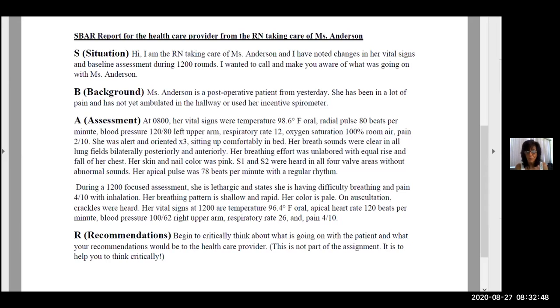The second most important thing is deep breathing. Use of an incentive spirometer, or smell the roses and blow out the candles, which is deep breathing with pursed lip expiration. And that's to prevent another complication of post-op, which is pneumonia.